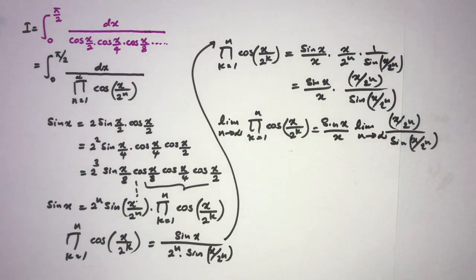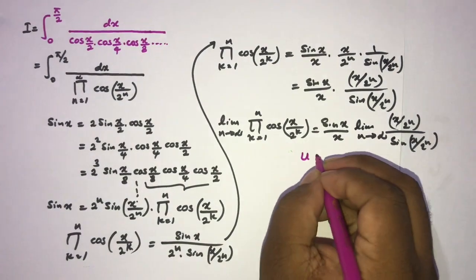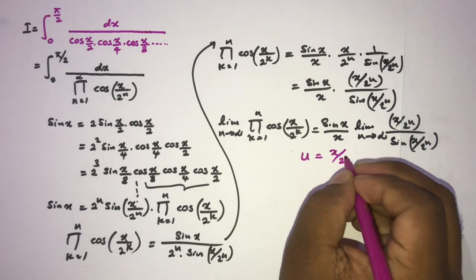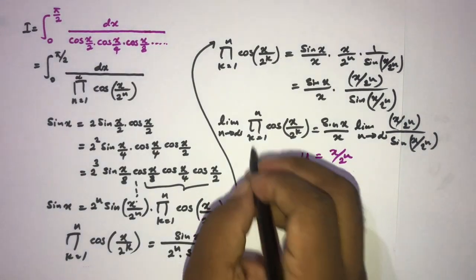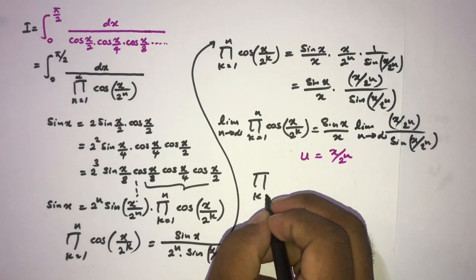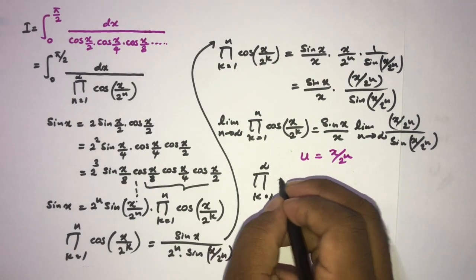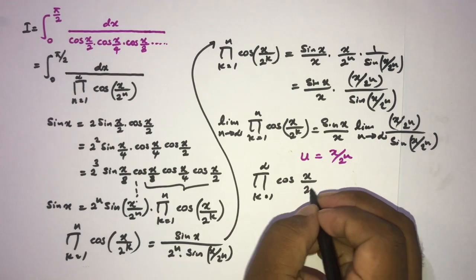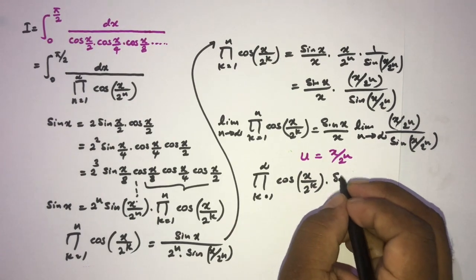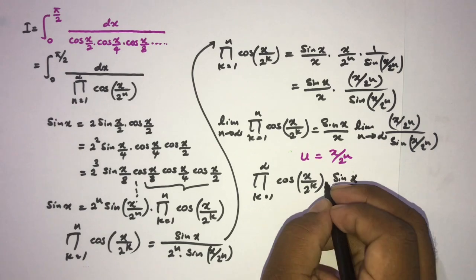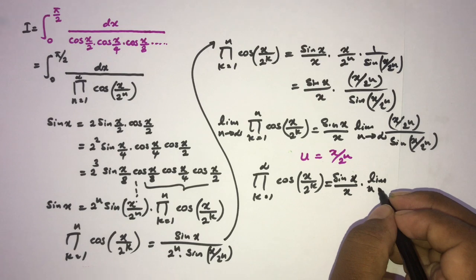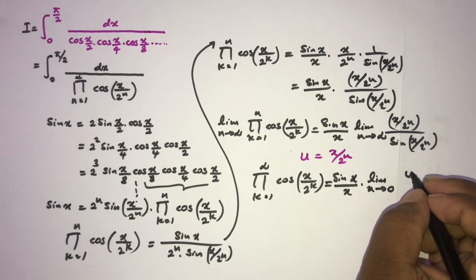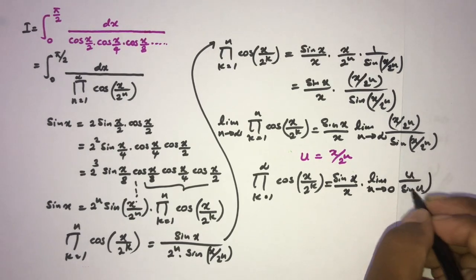Then I am going to take a substitution. We can take u equal to x over 2 raised to the n. Then we can write the product from k equals 1 to infinity of cosine of x over 2 raised to the k as sine of x over x times, now the limit as u approaches 0 of u over sine of u.